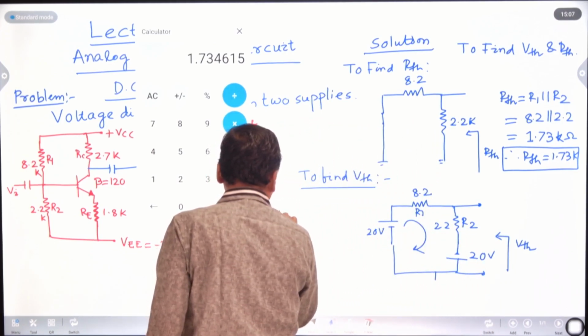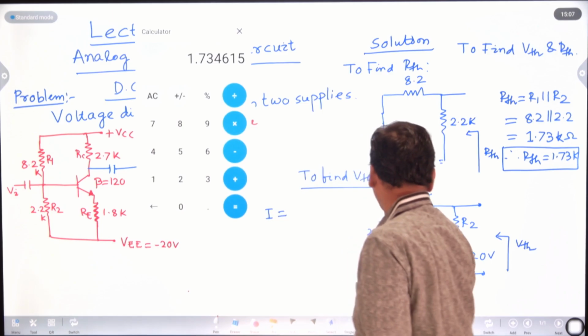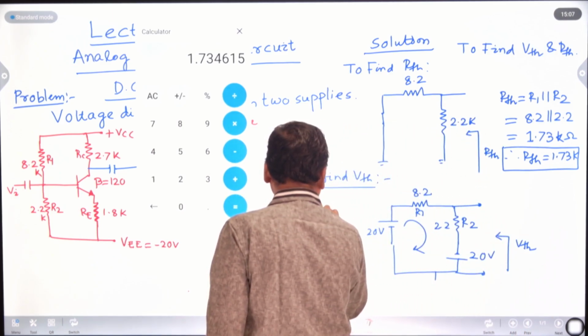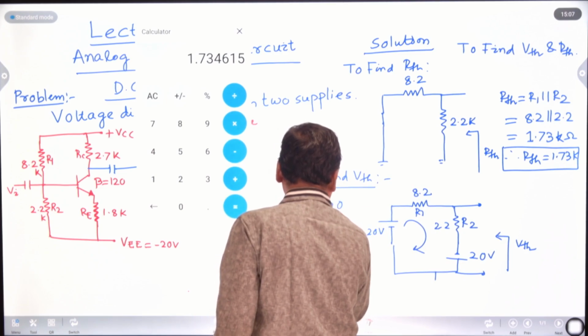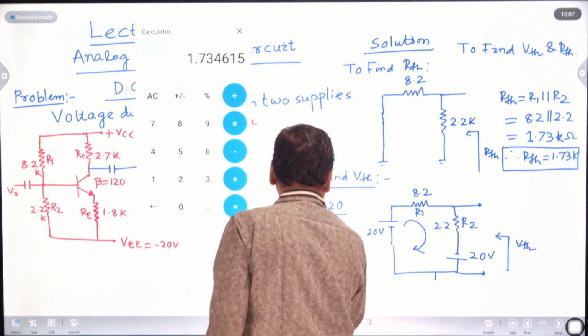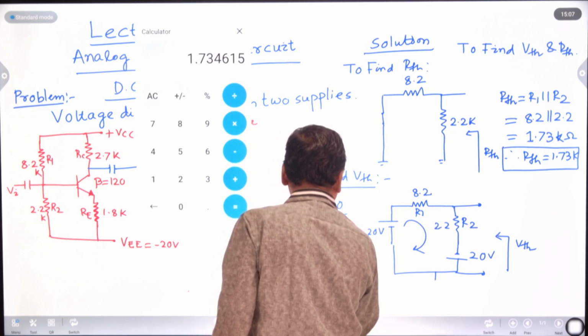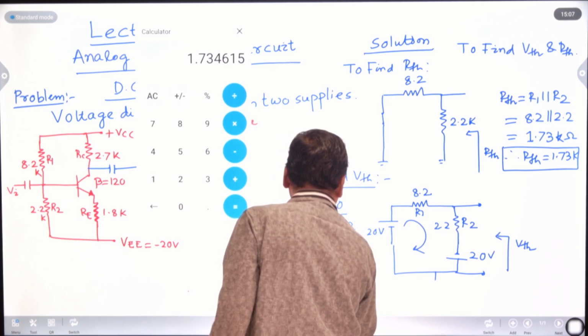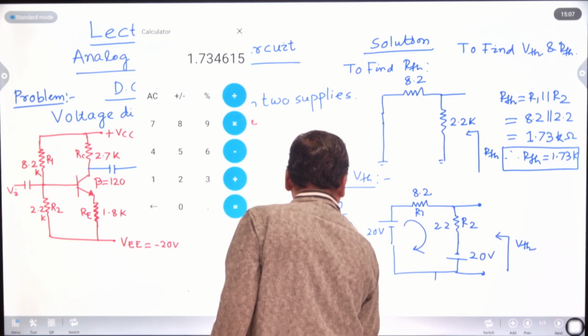I equal to, here minus to plus, plus 20. So 20 plus 20, divided by the total resistance, which is what? 8.2 plus 2.2, and the value is 40 divided by 10.4.